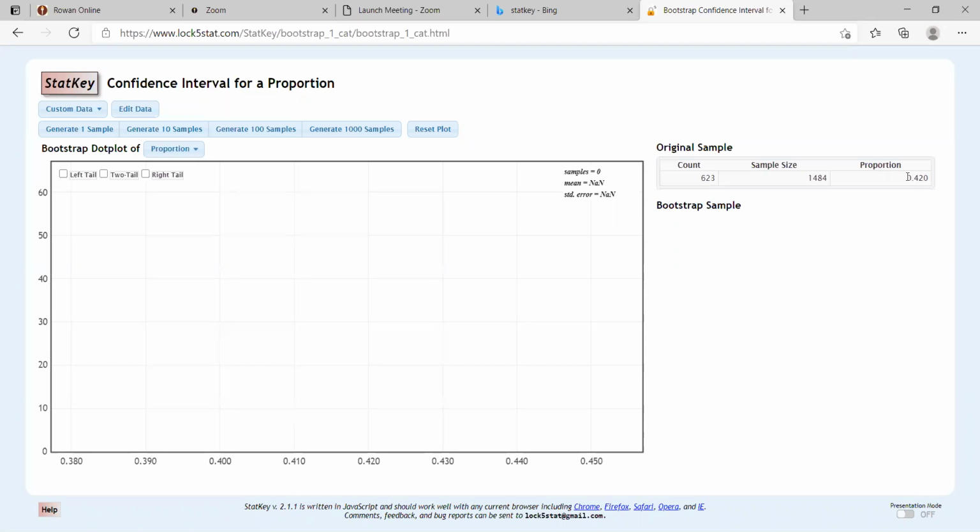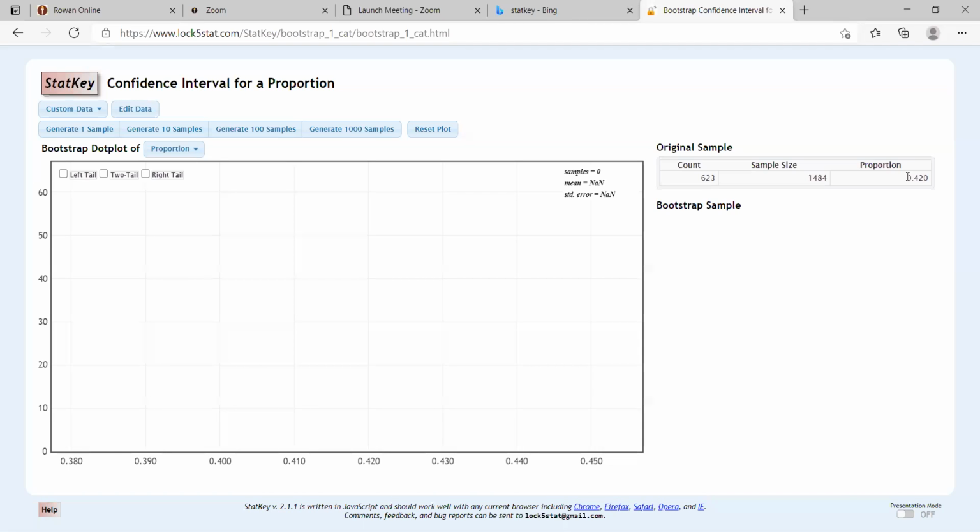Now, StatKey is not creating these confidence intervals in the same way as I showed you with a calculator, it's using a different way. The way it does it is it creates other samples called bootstrap samples, which are created from the original sample. Now, how are they created?